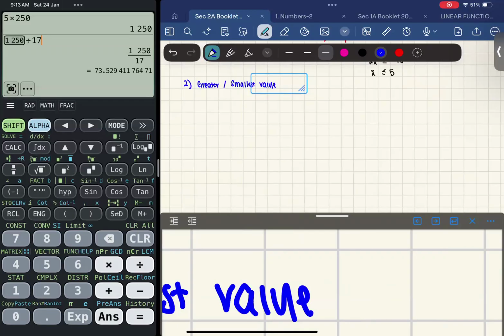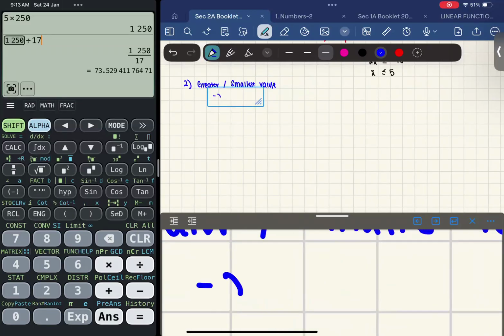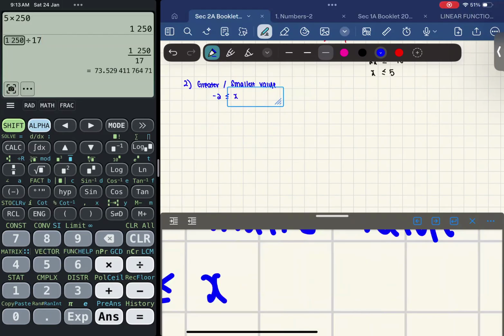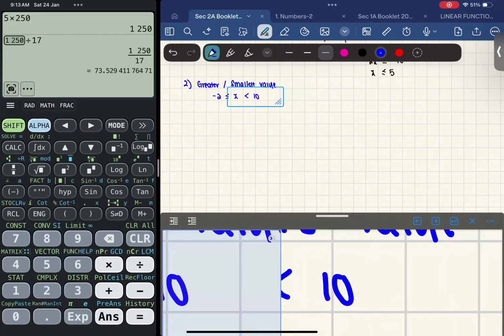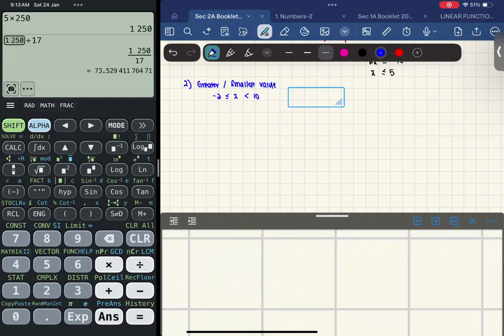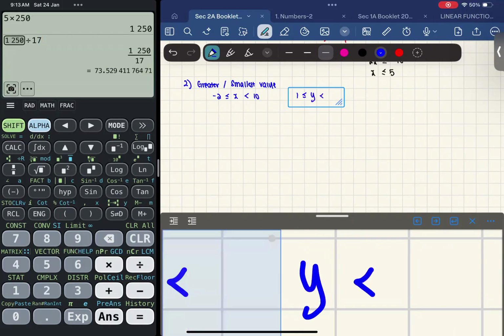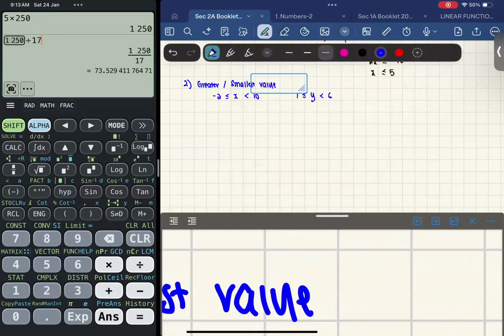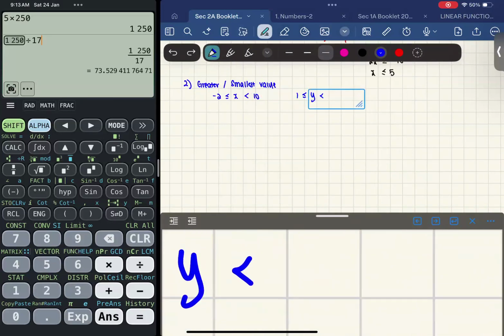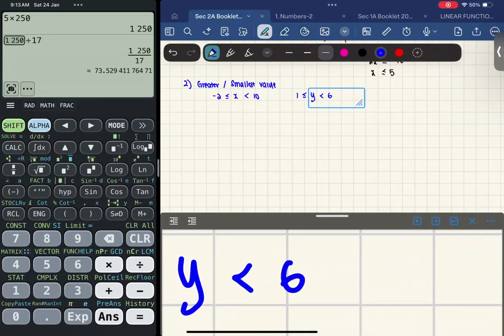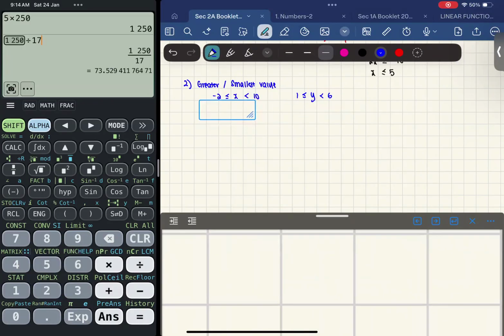For example, the question says negative 2x is less or equals to x is less than 10, and y, 1 is more or equals to y is less than 6, example. Okay? They like to ask you this type of questions, right?